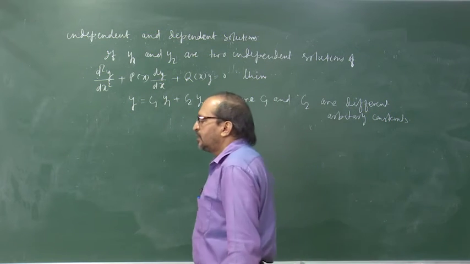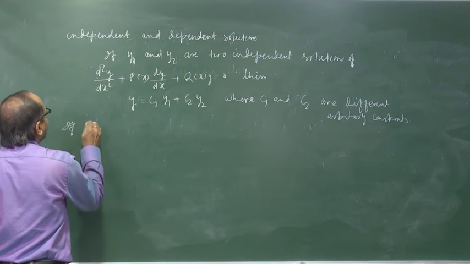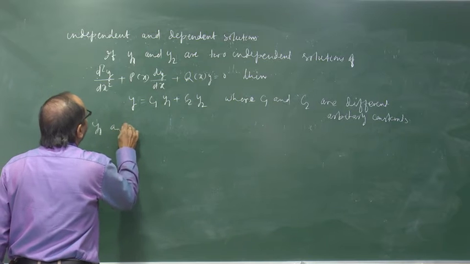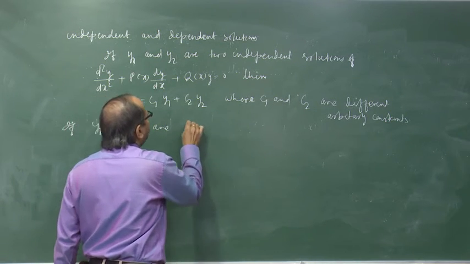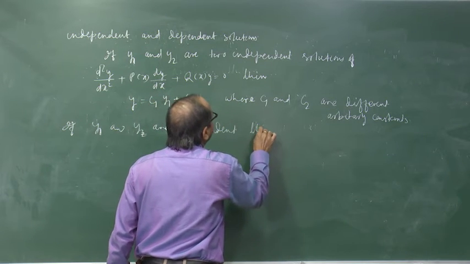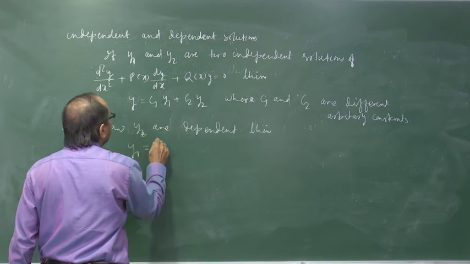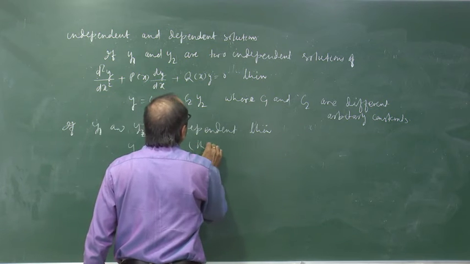If y1 and y2 are dependent solutions, then we can always express y1 as some constant into y2. They are proportional to each other.